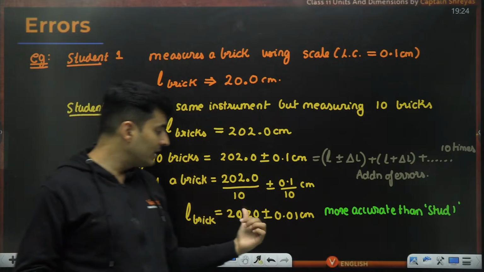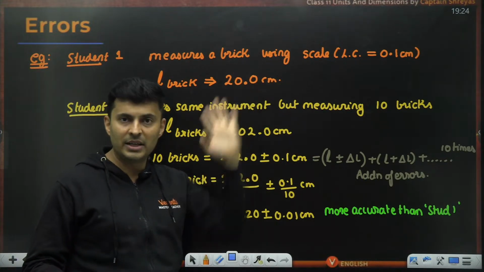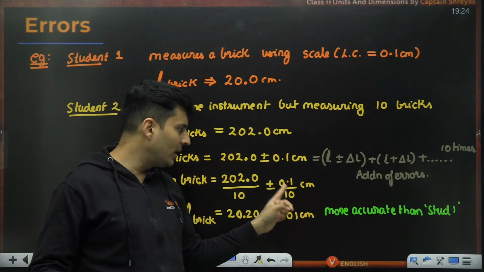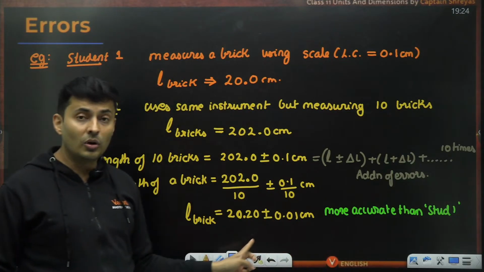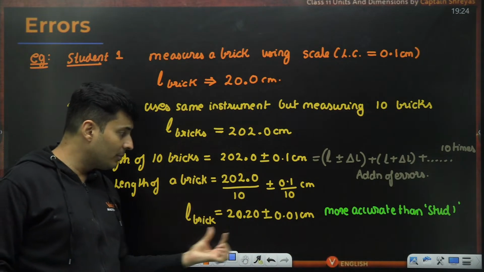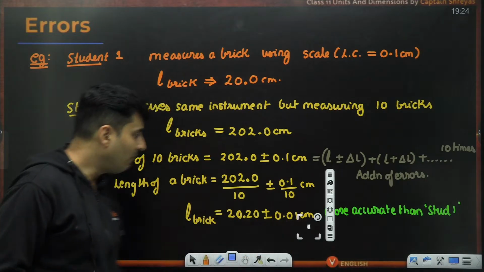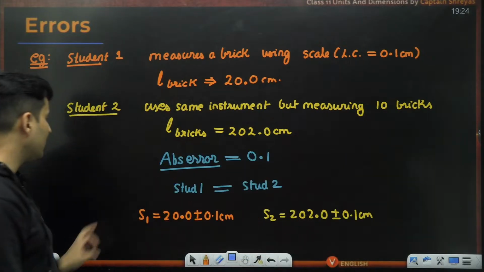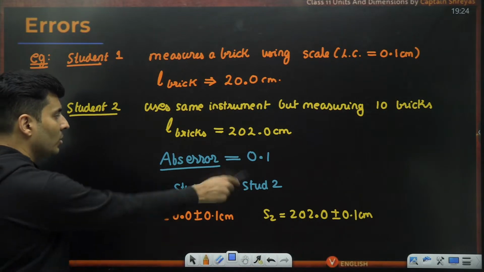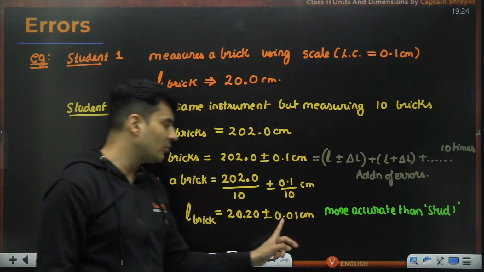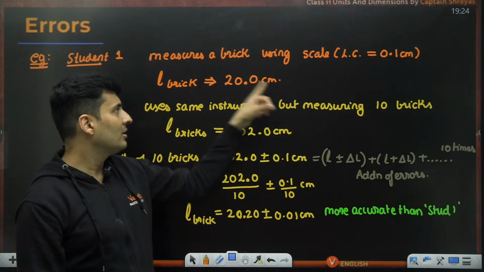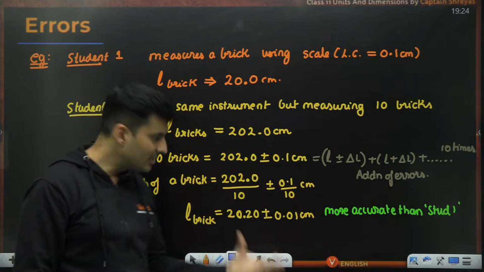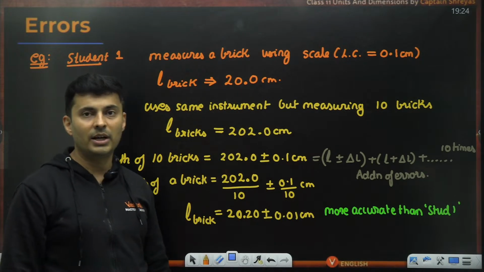Slightly more accurate. Maybe this was the actual reading. Maybe the student has made some error over here. And 0.1 divided by 10 will make it 0.01 centimeter. So when you are seeing it per brick, the absolute error by student 2 is no longer 0.1, rather it is 0.01. So it is definitely smaller than student number 1. So this is more accurate as compared to student 1.